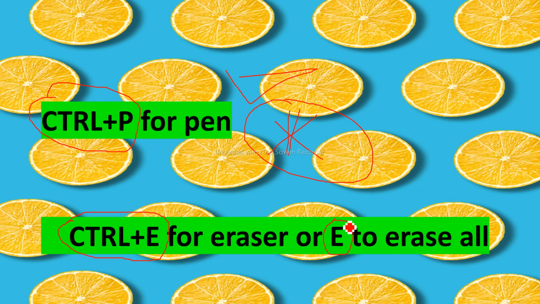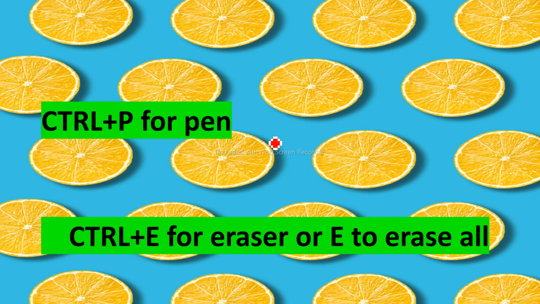Once I click E on the keyboard, I erase everything that was marked there, you see. Or I can use Control E to go one by one. But once I use E, I will erase everything.